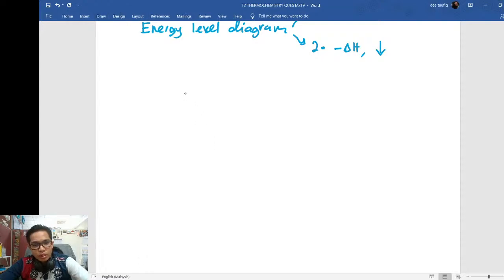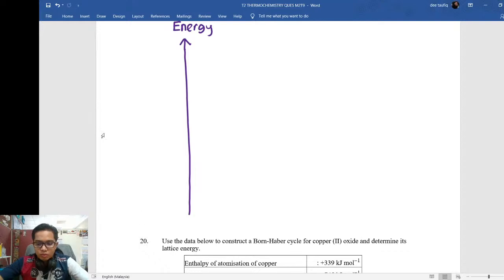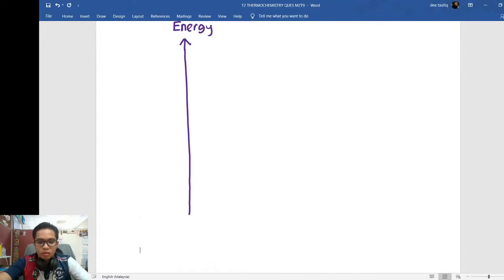Then we have our y-axis. Ni agak panjang lah juga sebenarnya. Okay. And here we label as energy. Tambah lagi satu lah.